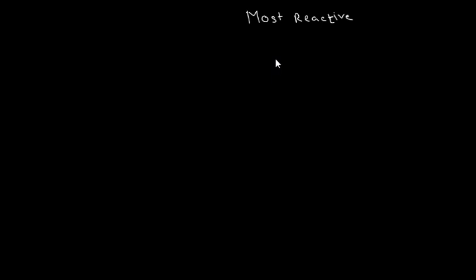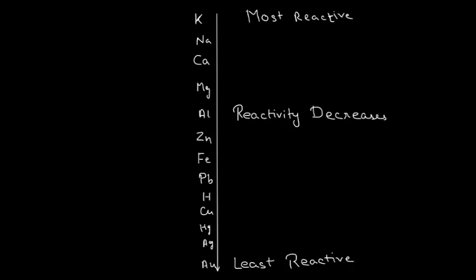So in the diagram we can see the reactivity series where the most reactive element is placed at the top, and the arrow is in the decreasing order and the least reactive element is at the bottom.